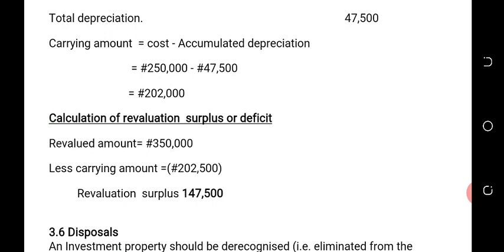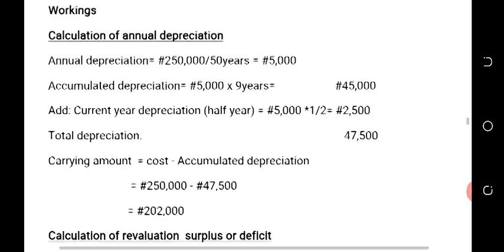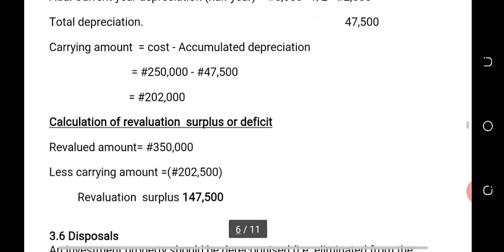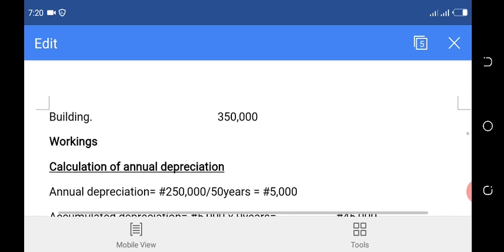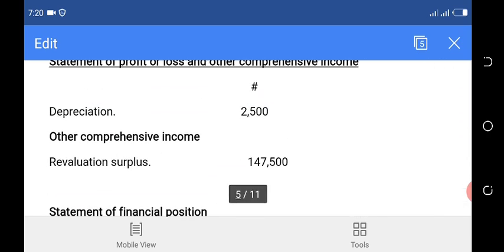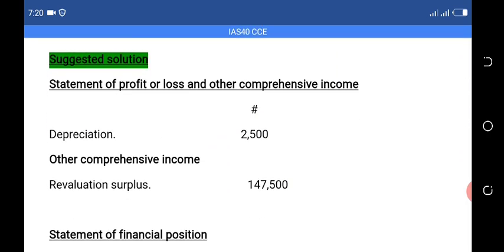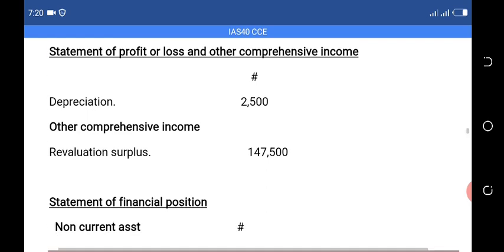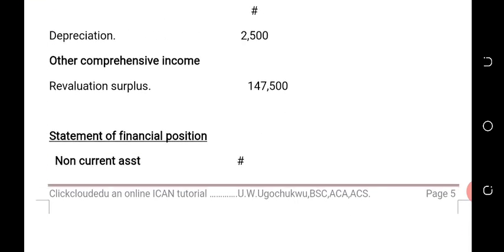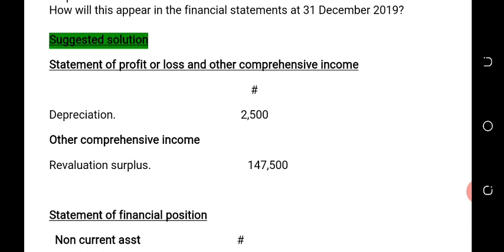This is our revaluation surplus, and that surplus should be treated under other comprehensive income. Now look at our profit or loss statement. What affects it is our depreciation for the current year, which is 2019, because our profit or loss is for a particular year.